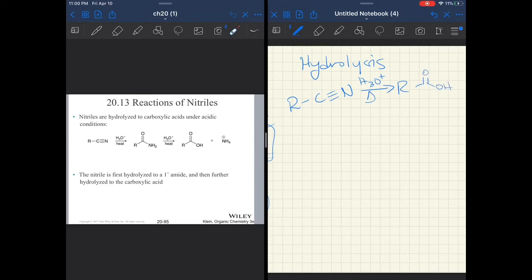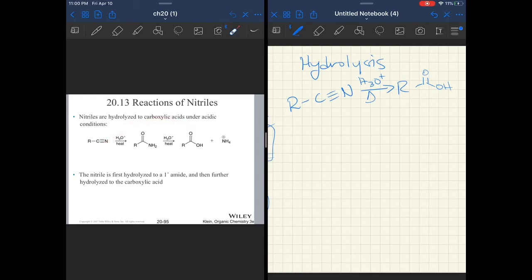Yes, it will go through an amide intermediate, but you're not going to be able to necessarily control this. It's slow, so perhaps you could, but ultimately what you would want to do in these conditions is go all the way to that carboxylic acid.